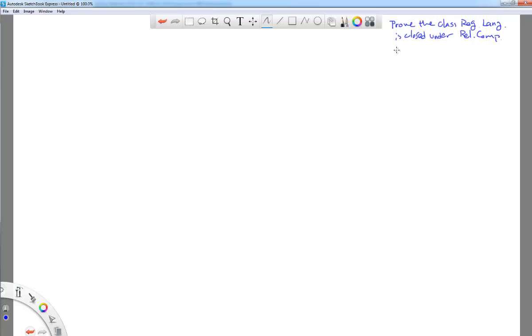What that means is that if A sub 1 and A sub 2 are regular, then I would like to prove that A sub 1 minus A sub 2 is regular.